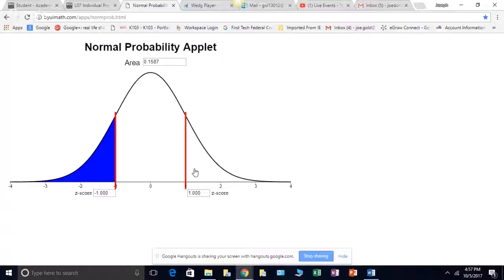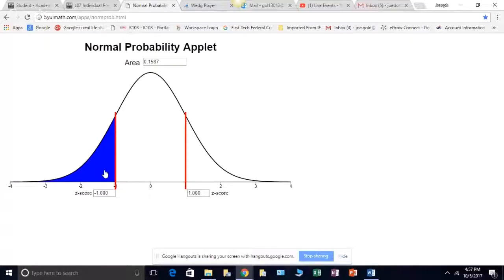But it's starting to make sense. So here it is. You want to make sure it's less than 40, so this would be less than 40. That's -1, and here's your probability, which is 15.87 or 16%, is what it said in the lesson.